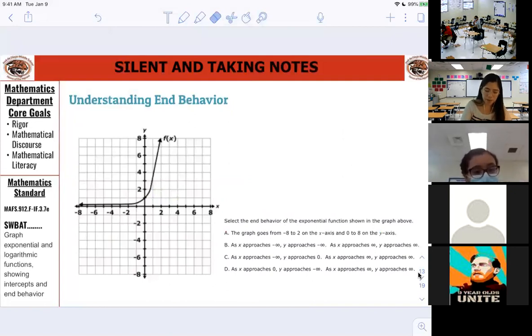As x approaches positive infinity, y approaches positive infinity. C, as x approaches negative infinity, y approaches 0. As x approaches positive infinity, y approaches infinity. Or D, as x approaches 0, y approaches negative infinity. As x approaches infinity, y approaches infinity.